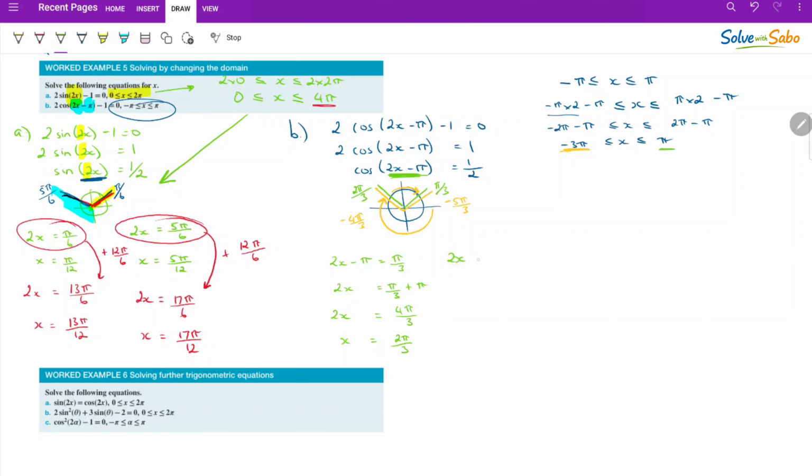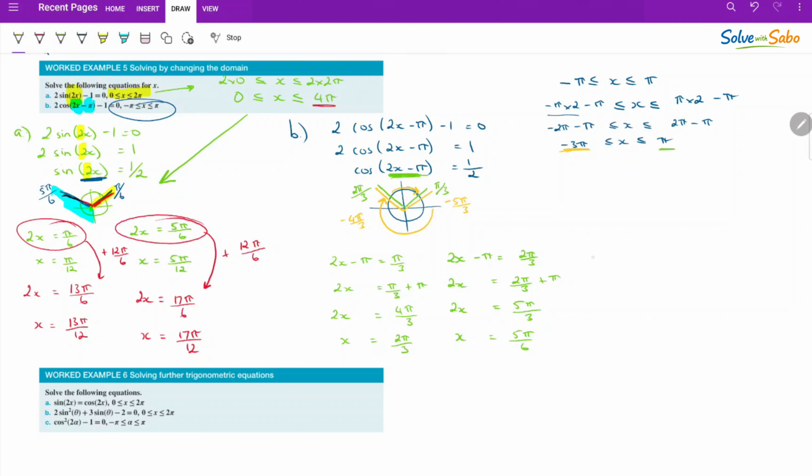The next one, 2x take pi is equal to 2 pi on 3. So 2x equals 2 pi on 3 plus pi. Common denominators. What I mean by that is if I made that 3 pi on 3, I've got 5 pi on 3, and I'm going to divide it by 2, so 5 pi on 6.